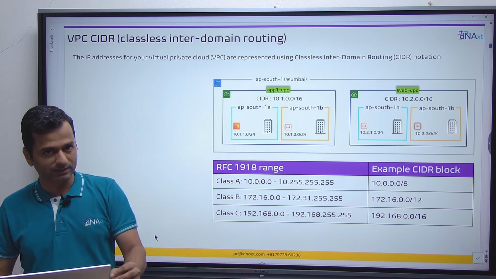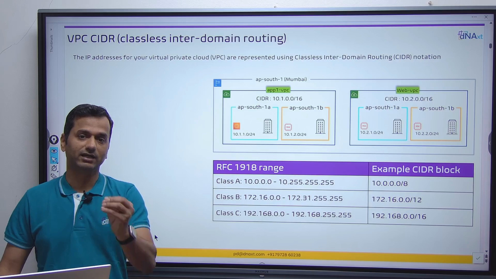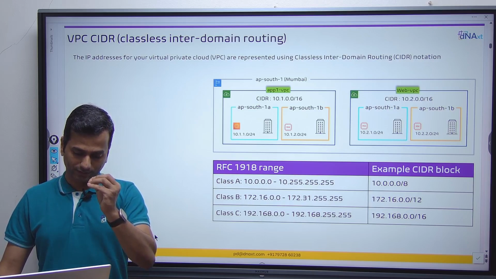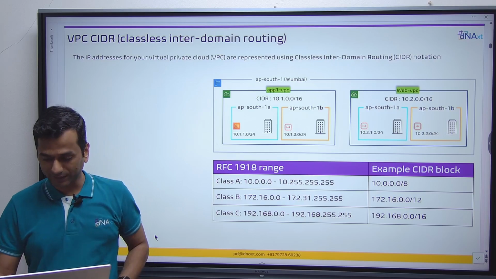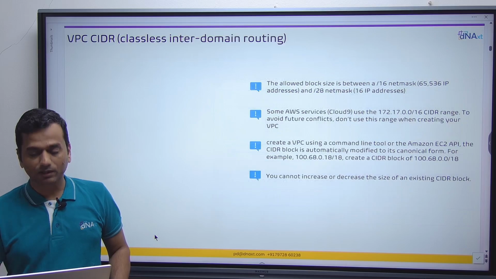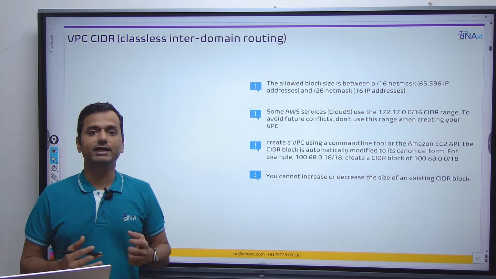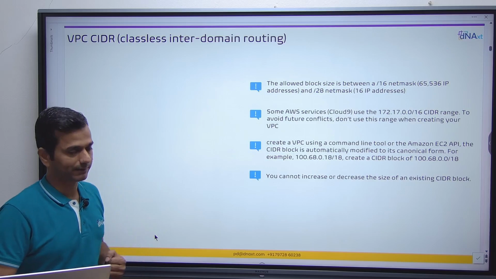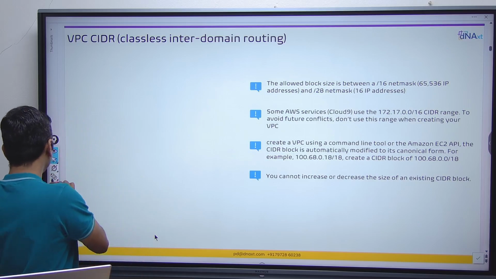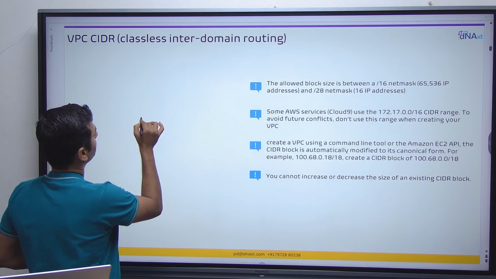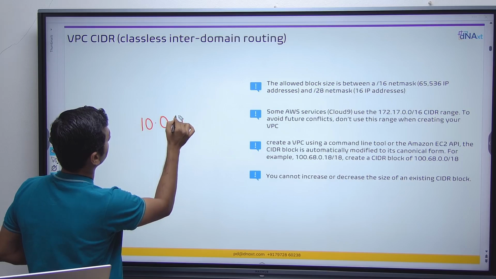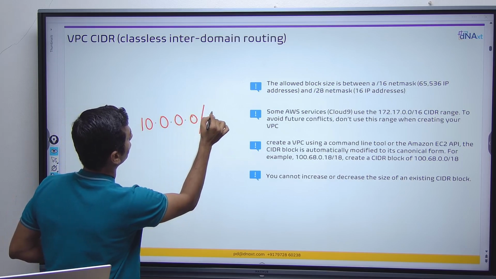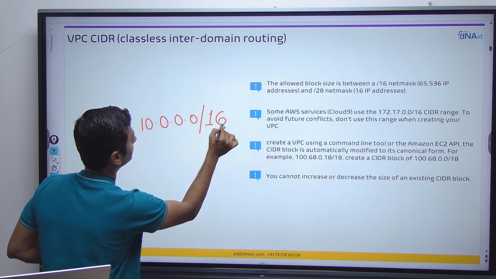But as a best practice, you have to configure the CIDR inside the RFC 1918 range. Clear? Okay. Next, there are some CIDR rules. Whenever I define a CIDR, for example 10.0.0.0, it should start from /16.